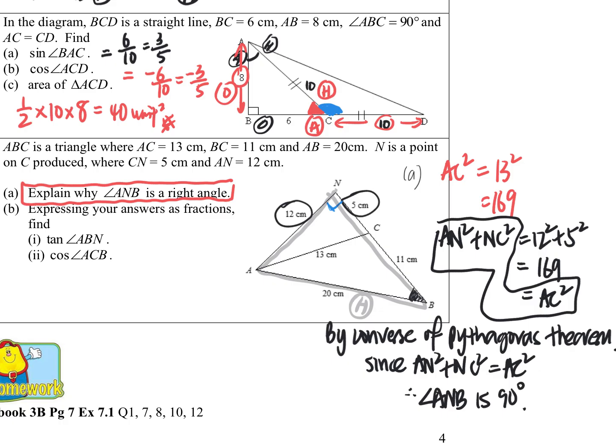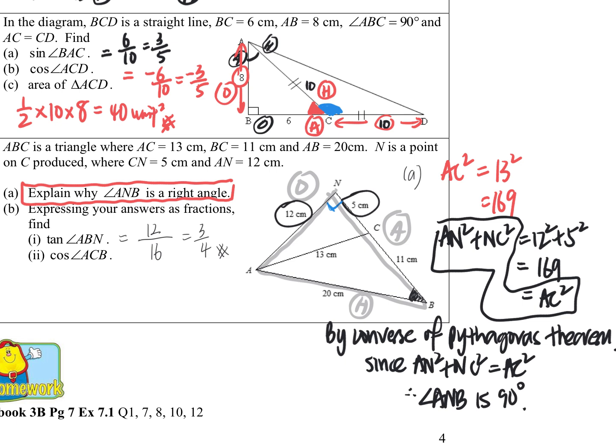So H, A, O. So what is tangent ABN? The gray triangle, what is O over A? 12 over what? 12 over 11. Not 11, 16. Yeah, 16. So you give me 3/4. Yeah, 3/4. Okay, as a fraction.